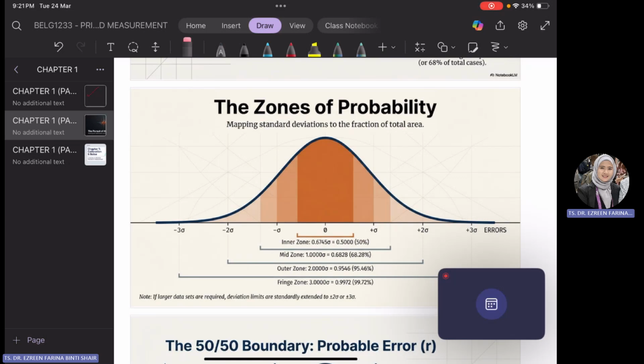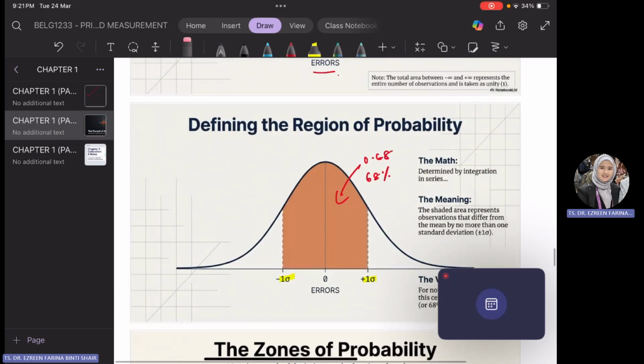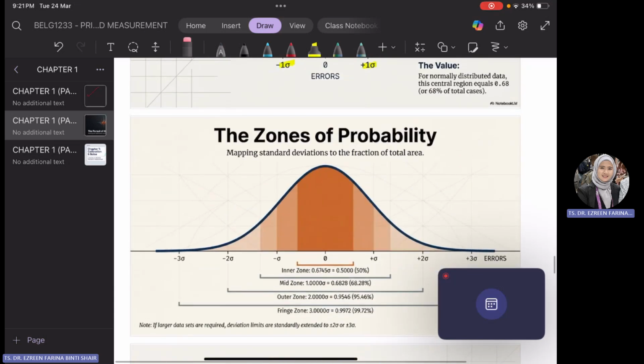This figure is similar to what I showed you just now. This part here, which we call the inner zone, from negative 0.6745 sigma to positive 0.6745 sigma, is equal to 50%.